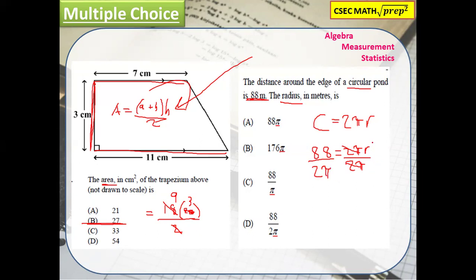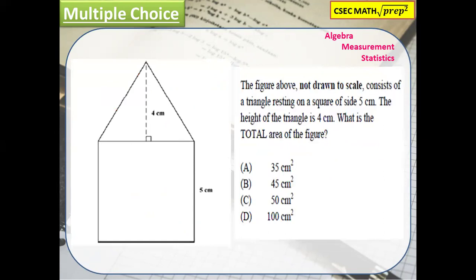So r is now equal to this expression here, and we're done. As simple as that. The 3 measurement questions that we've seen so far are asking us to make reference to the formula sheet. Please don't forget that tomorrow when you're in the exam.